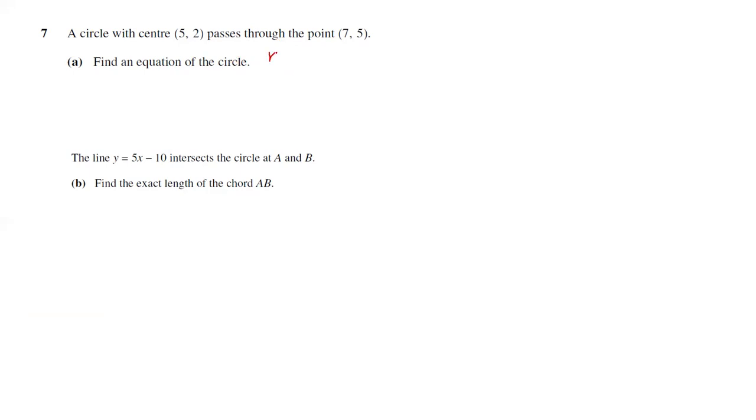Firstly, we need to determine r squared, the radius squared, which equals (7 minus 5) squared plus (5 minus 2) squared, which equals 2 squared plus 3 squared, which equals 13.